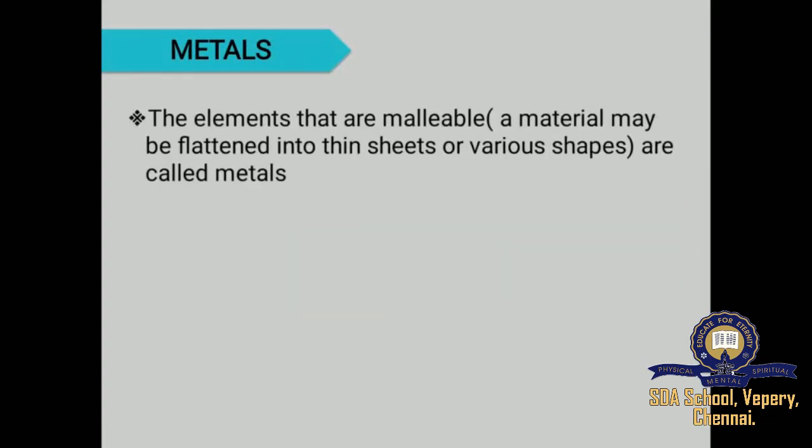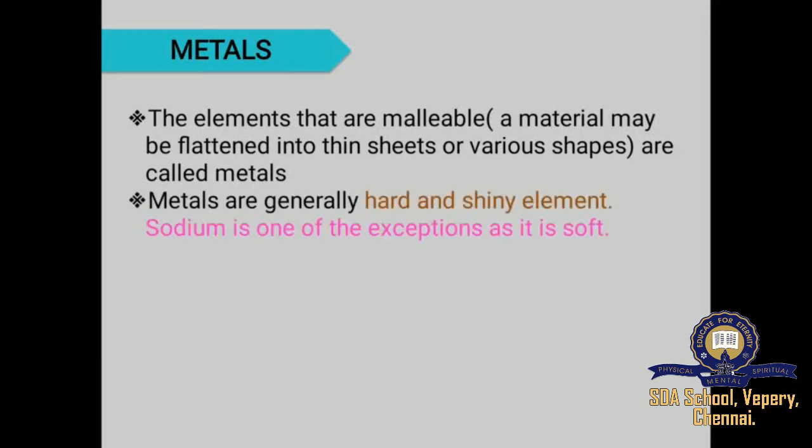Metals. The elements that are malleable are called metals. Malleable means a material may be flattened into thin sheets or various shapes. Metals are generally hard and shiny elements.